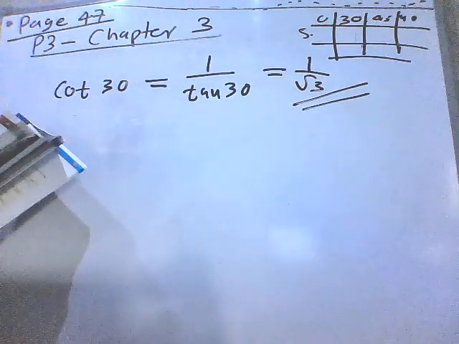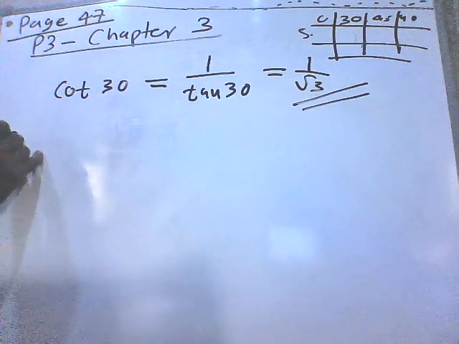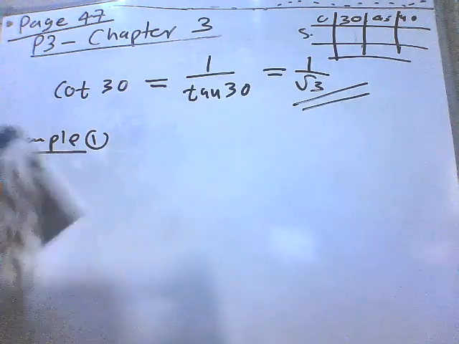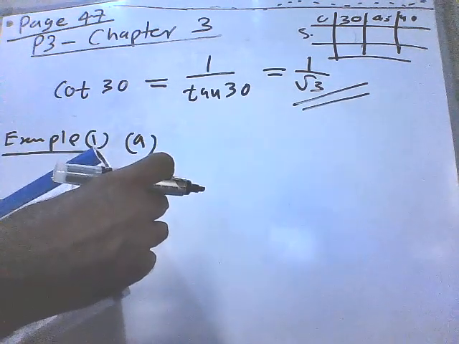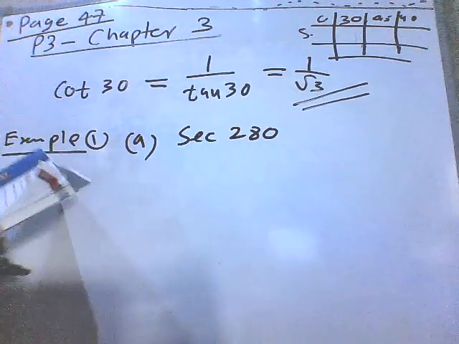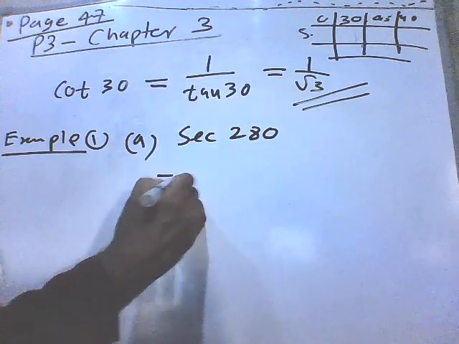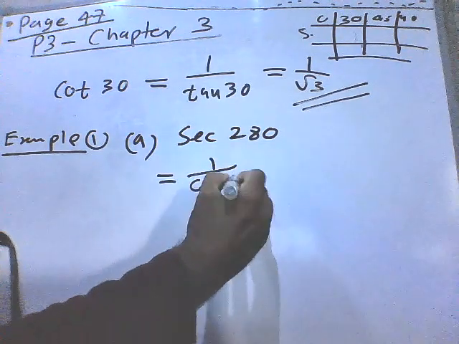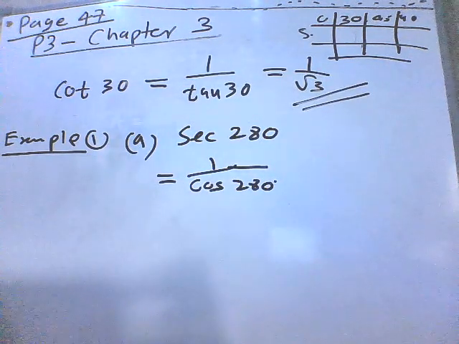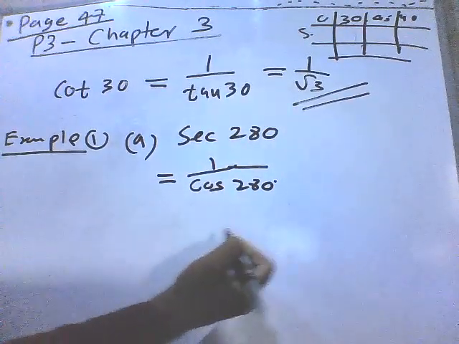Example 1, part A, says to find sec 280. We know that if it is S, it should be the opposite, so 1 over cos 280. Now you can put this into the calculator and find the answer.